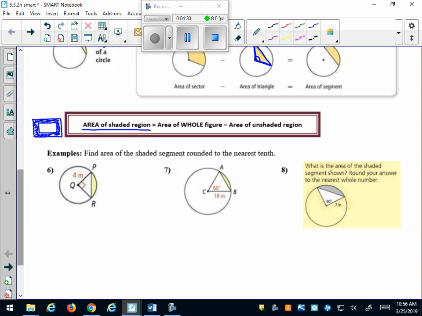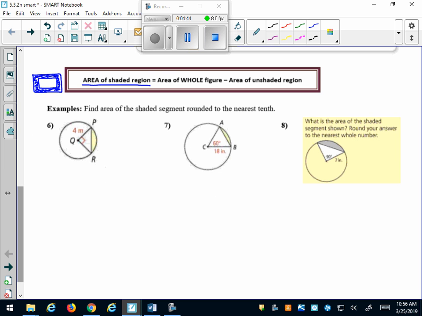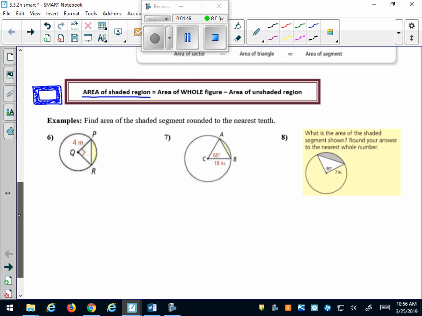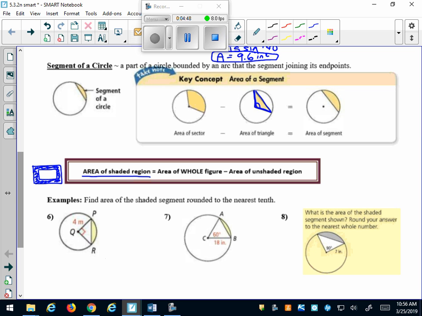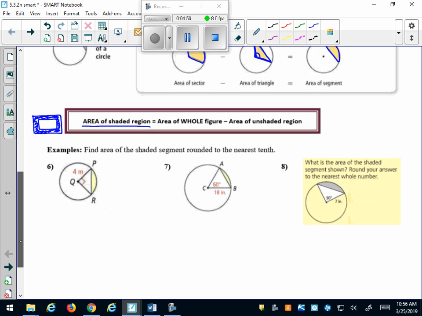Yeah, you find the whole area of the big rectangle and you subtract out the area of the unshaded region. And it leaves you with the shaded region. Okay, so that's the same concept here. It's the area of the whole sector, subtract out the area of this triangle, and it leaves you with the area of the segment. That make sense?